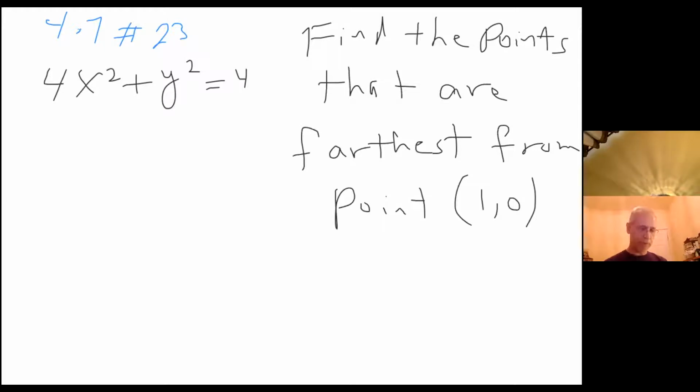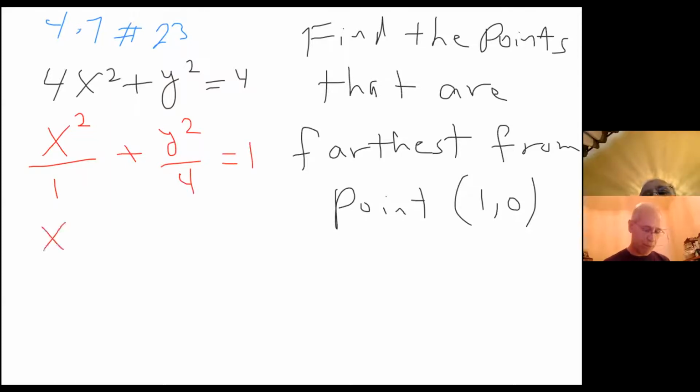First of all, we learned this in Math 142: we divide everything by 4, so we have x squared over 1 plus y squared over 4 equals 1. And of course, remember that this is x squared over 1 squared plus y squared over 2 squared equals 1.